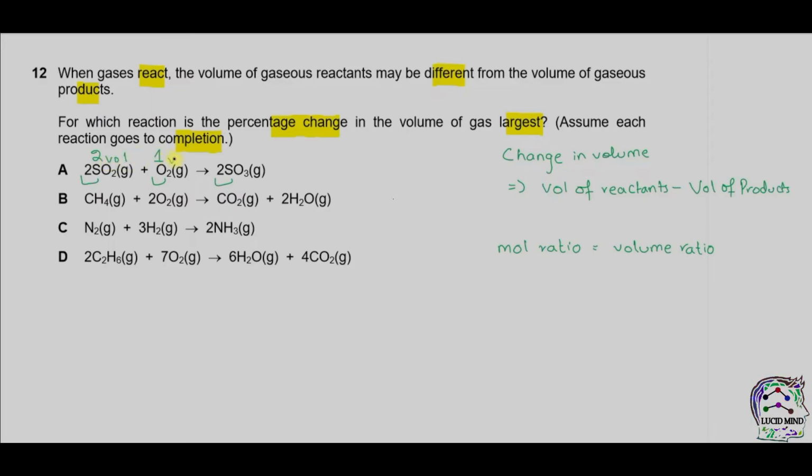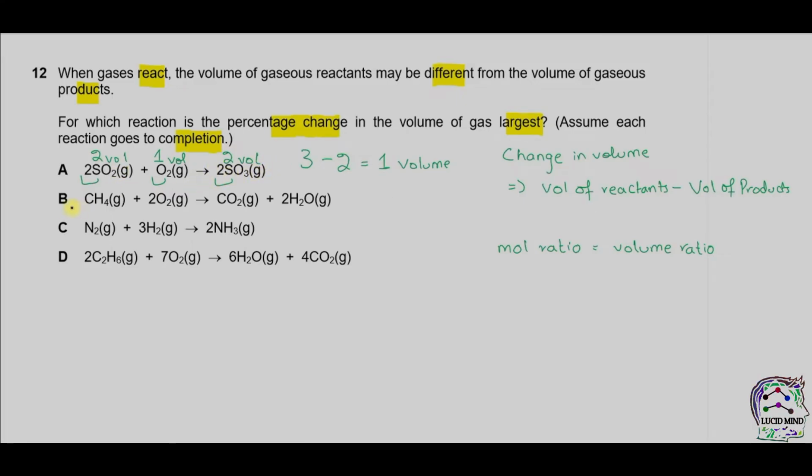It reacts with 1 volume of oxygen to form 2 volumes of SO3. Now finding change in volume, volume of the reactants is 2 plus 1, 3, minus volume of product, which is 2. So we have a change of plus 1. It means that 1 volume decreases from reactants to products.